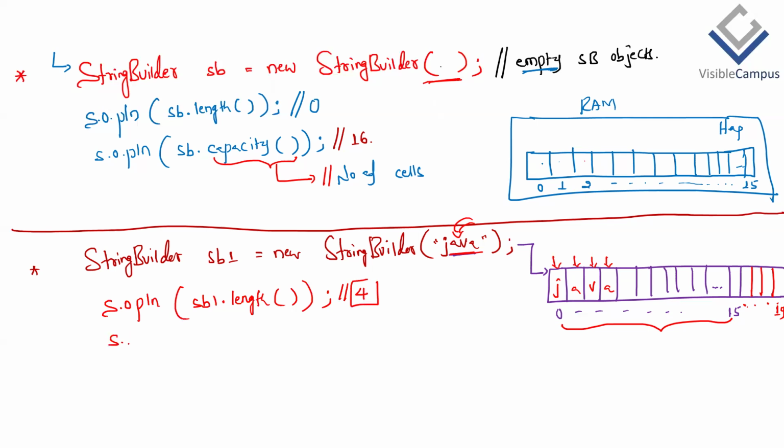And for this same sb1, if you print the capacity, sb1.capacity(), then what's the capacity? It means the total number of cells. How many were there? 0 to 19, so there are 20 cells. This is the difference between keeping an empty StringBuilder object and having a StringBuilder object with a value at the time of declaration. Am I clear?